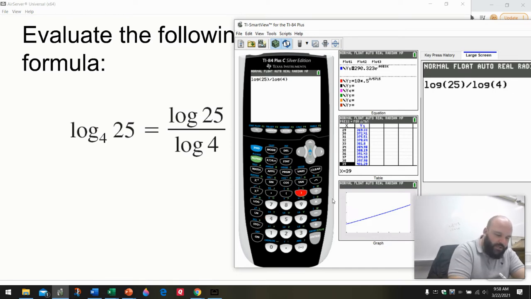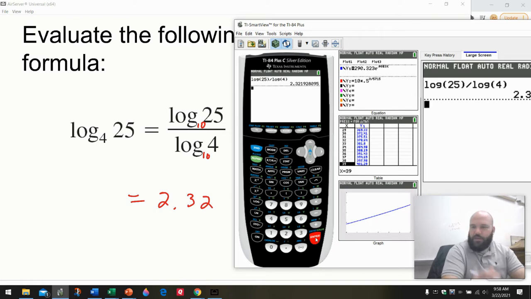So you can see this changed this into log base 10 for both of those. And again, the reason why we needed base 10 is that is what our button on our calculator is. So once we have log of 25 divided by log of 4 typed in, we can hit enter and we can get our answer, which is 2.32. And there's your solution. So that means log base 4 of 25 is 2.32.